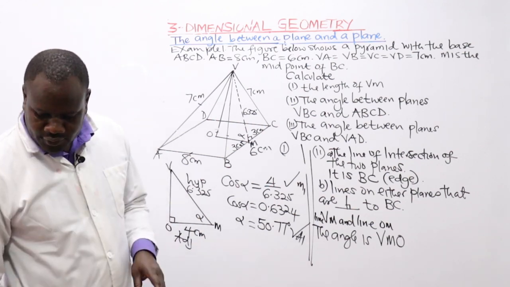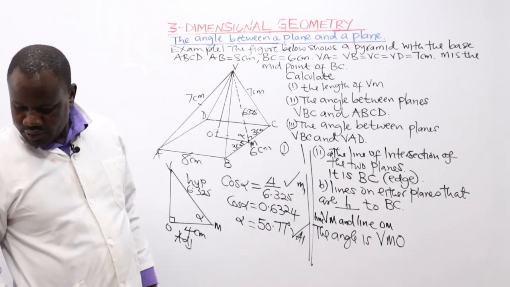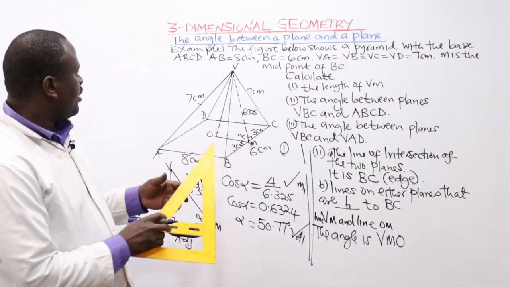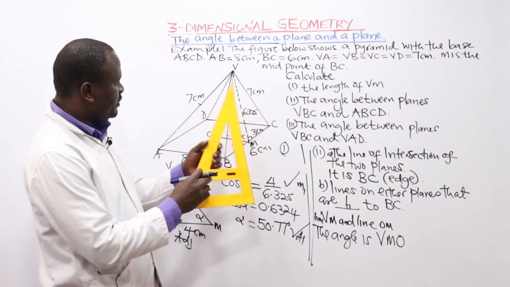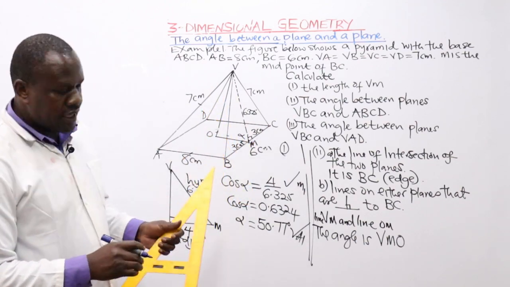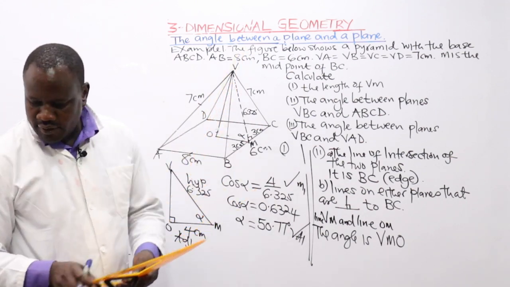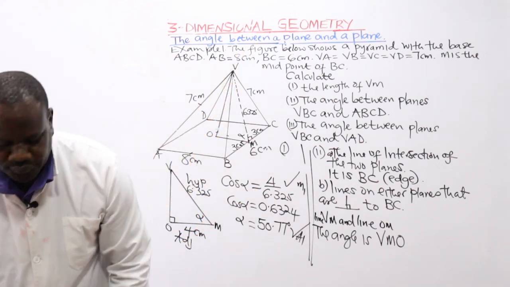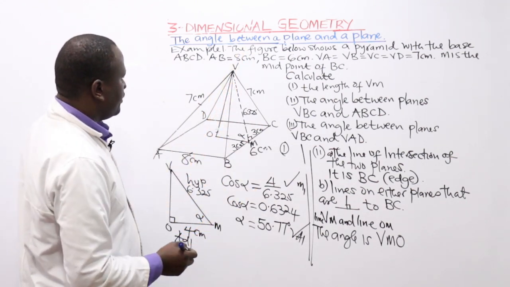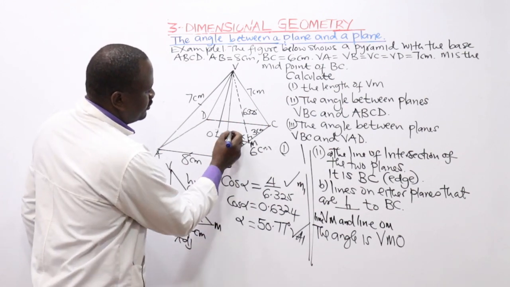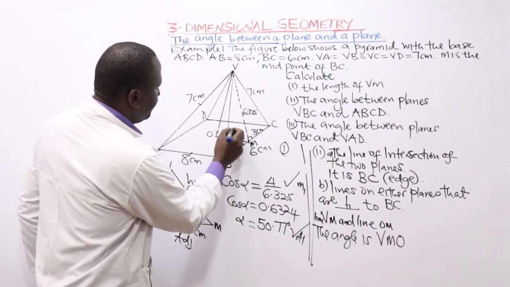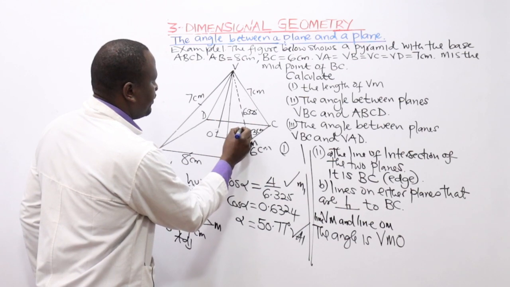Now, I'm going to leave you with part 3. The angle between this plane VBC and VAD. Now, let me give you a hint. This angle is already 50.77.